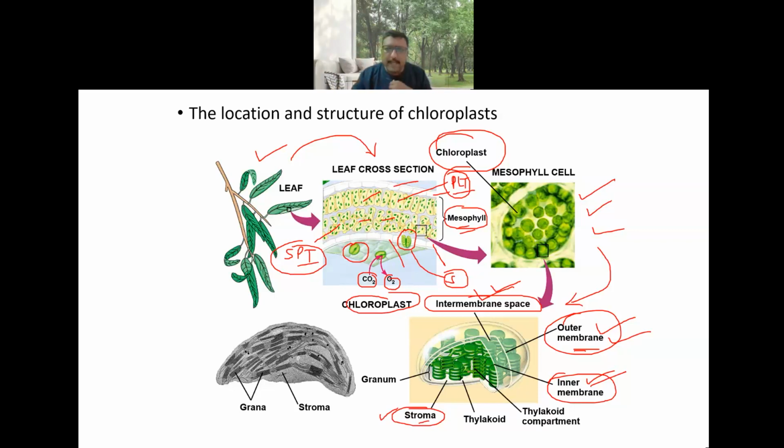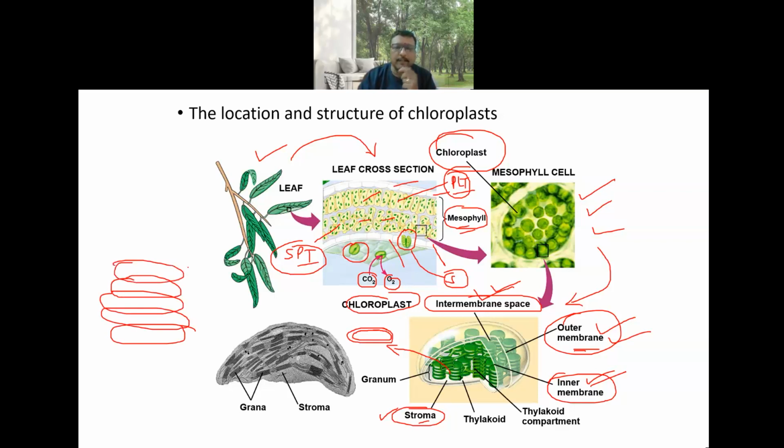And there are sac-like structures present here. These sac-like structures are known as thylakoids. If they are present in a bundle, one above the other, like a stack of coins, that is known as a granum. A single one is a thylakoid, and the bundle is the grana.